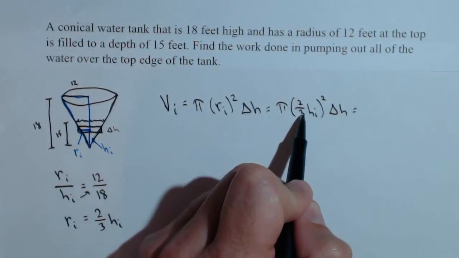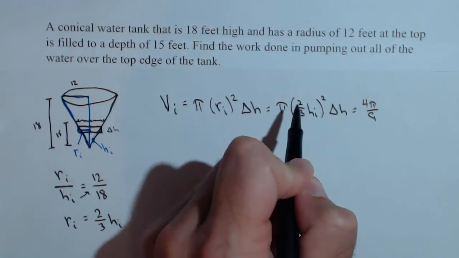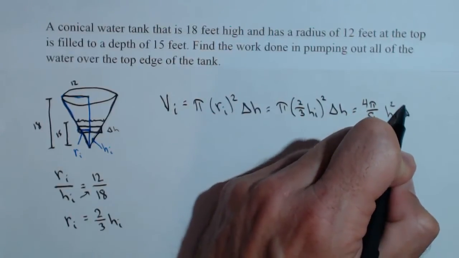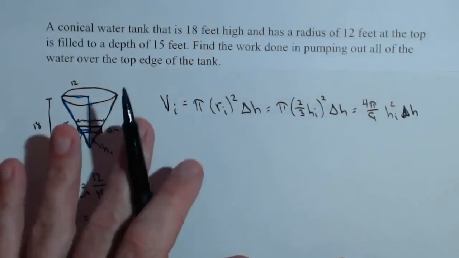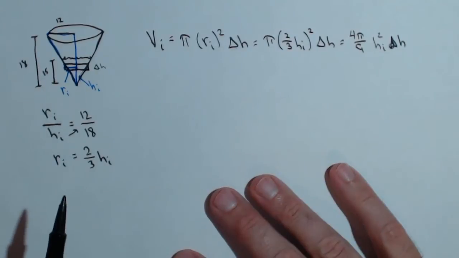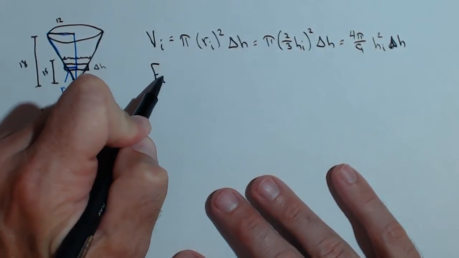So the 2/3 gets squared. It's going to be 4/9. So we might write that out front as 4 pi over 9 H sub i squared delta H. So we have the volume of the ith slice, and even better than that, we have it in terms of H. So we're ready to move on and get the force on the ith slice.